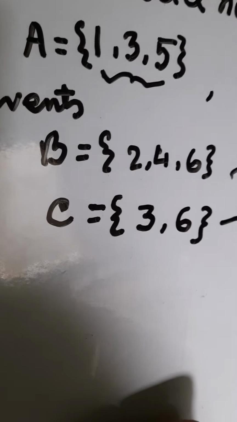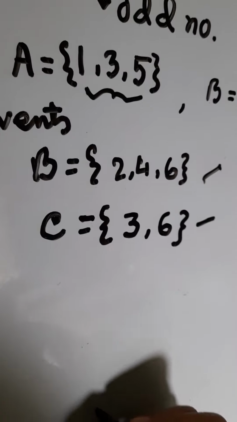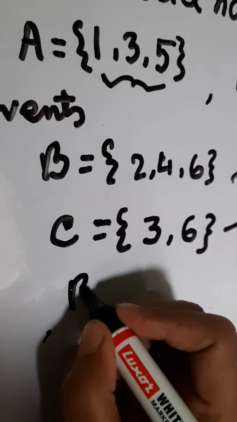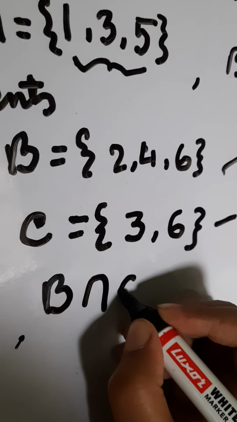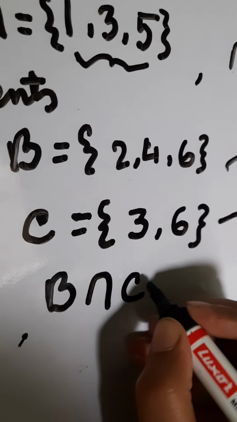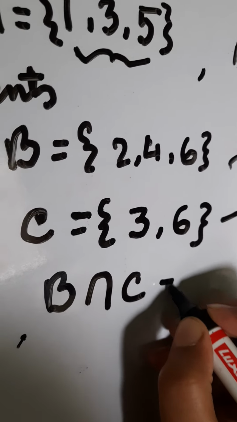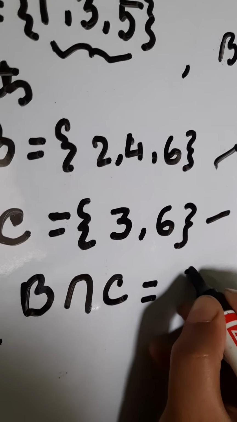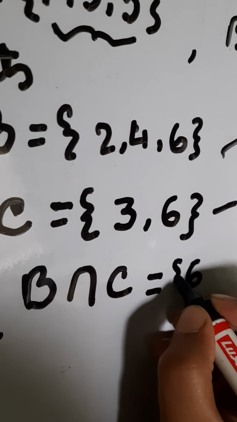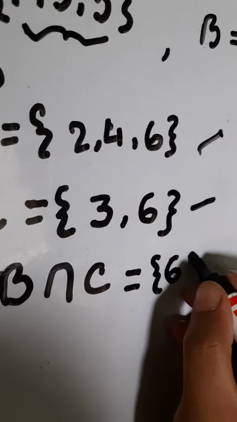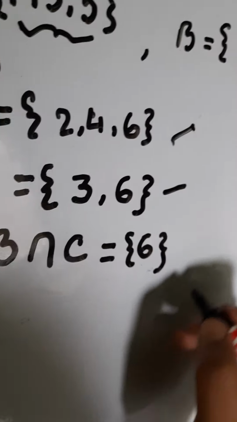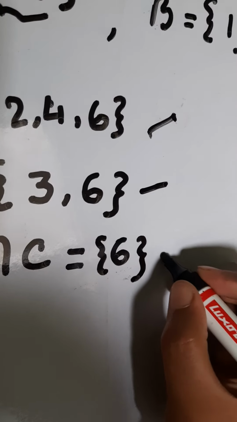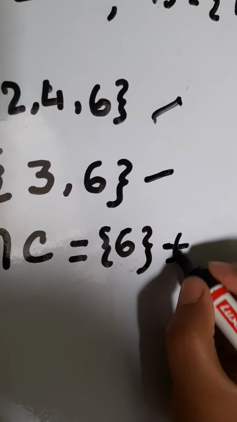But why? Because B intersection C is not equal to the null set. B intersection C is another simple event, 6. So B intersection C is not equal to the null set.